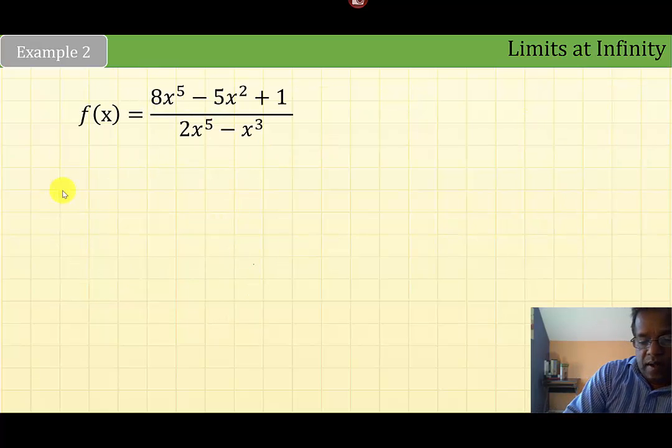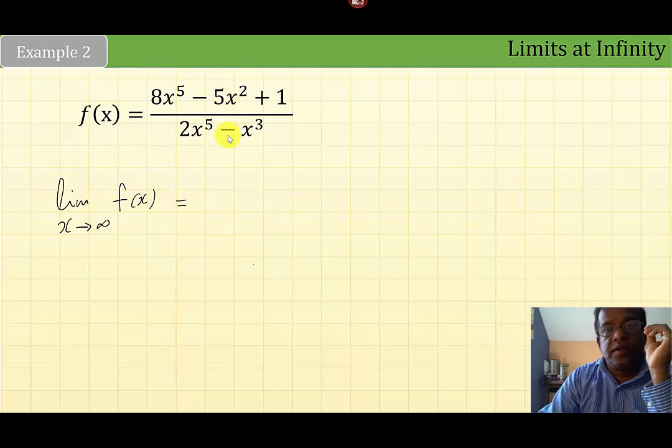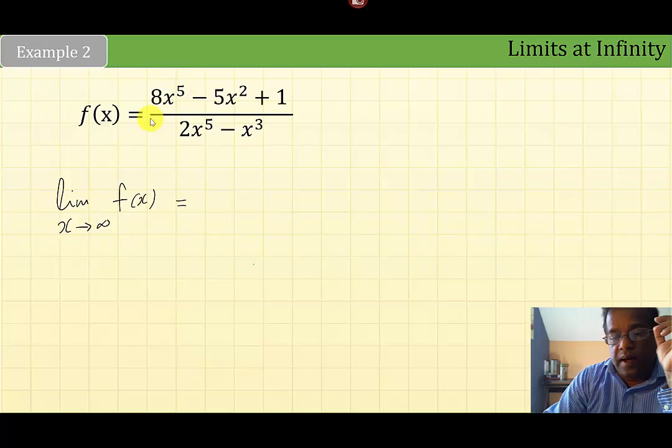Now let's look at example number 2. Here we want to find the limit as x approaches infinity of f of x. Now this is a rational function. The end behavior is given by 8x to the fifth over 2x to the fifth, and then the x to the fifth cancel out. So this is going to have the horizontal asymptote at 4.